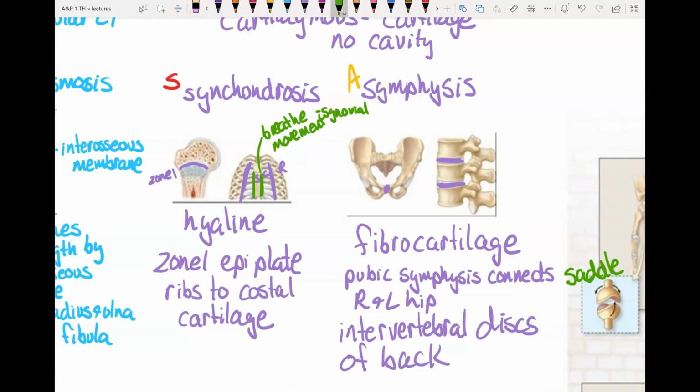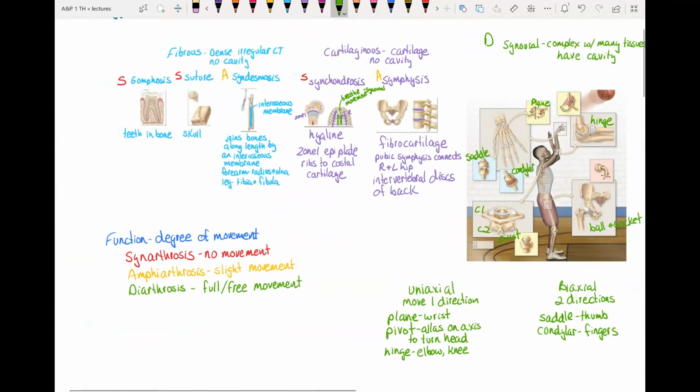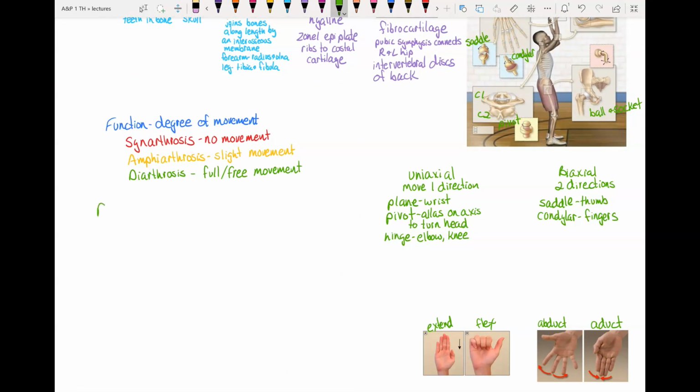The joint between the cartilage and the sternum is synovial. So diarthrosis and synovial always go together. Anytime you're told a joint is synovial, you can also know it's diarthrosis. And anytime this joint is diarthrosis, you also know it's synovial.